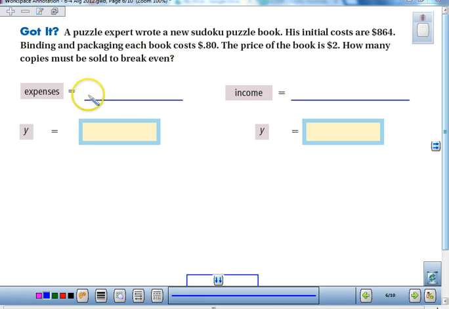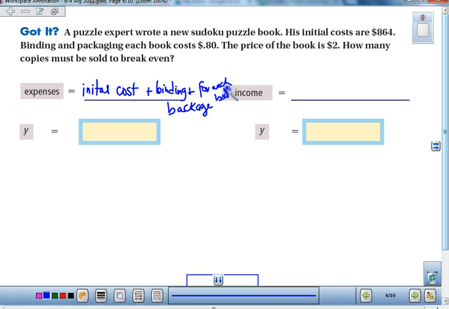So we want to think about our expenses. Our expenses in this case are the initial cost, and the other thing that we should have is the binding and packaging. So think about how we're going to write that. It's the binding and packaging for each book.